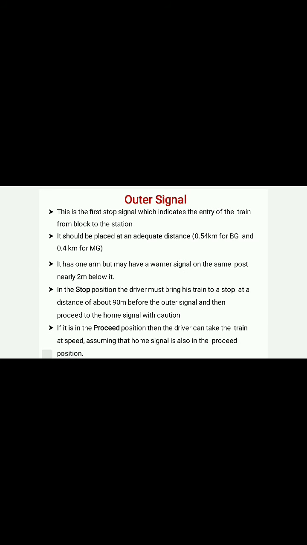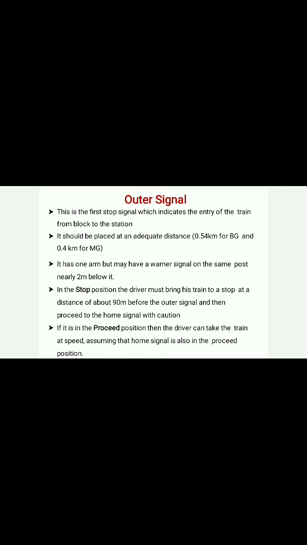Outer signals. So these outer signals are placed outside of a railway station. They are placed at a distance of 0.54 km for BG and 0.4 km for MG, well before the railway station.